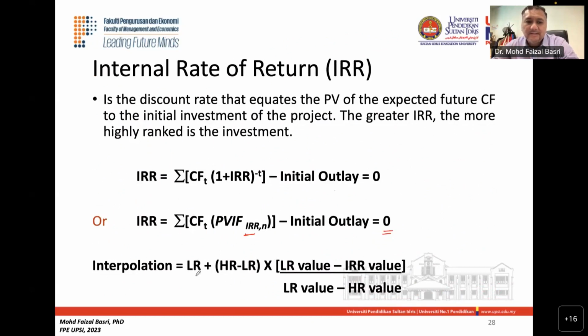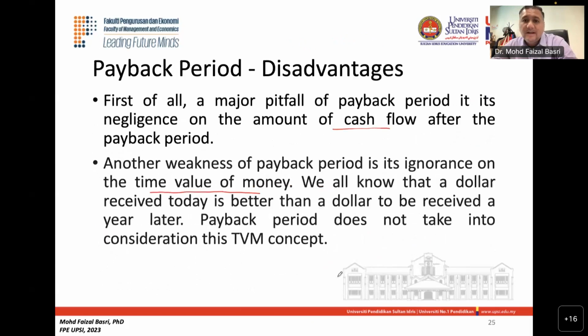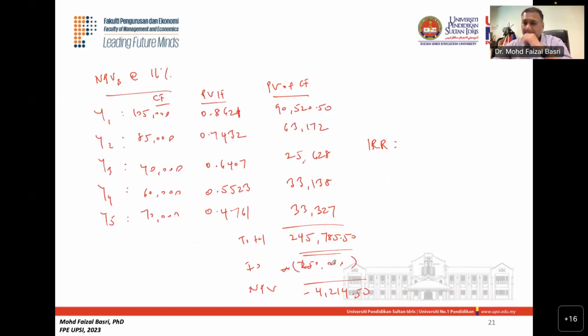Lower rate plus the difference of the rate, higher versus minus or worse, times dengan the value. Okay, but anyway, what I'll do usually, in order to find the internal rate of return, we have two rates.